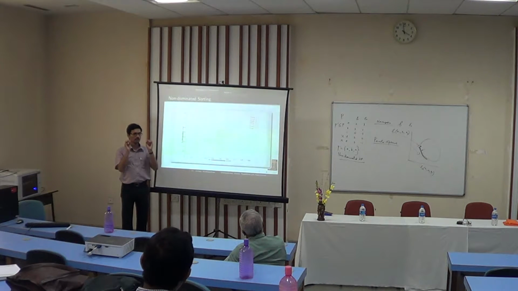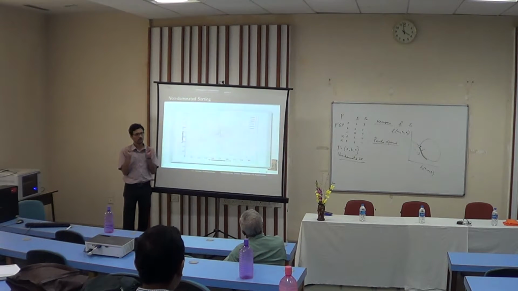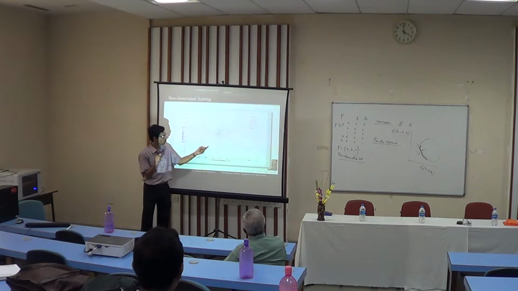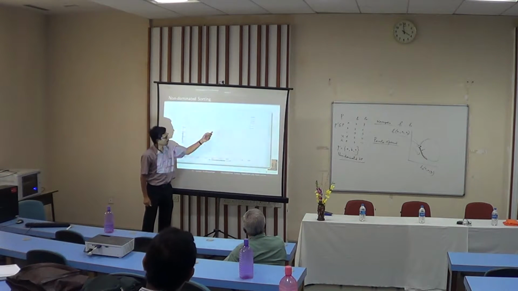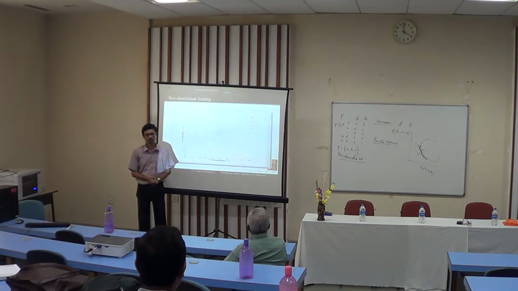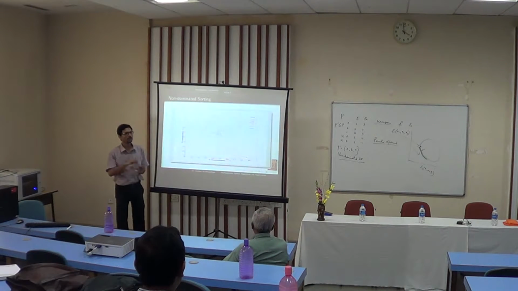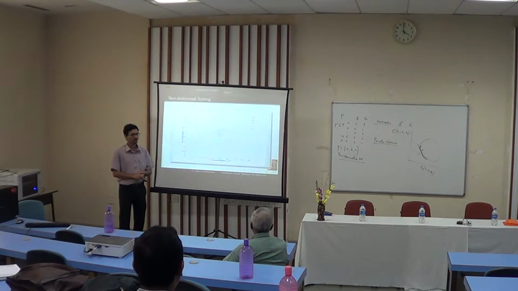These 2 solutions may come from 2 different ranks, 2 different classes. Suppose one solution comes from rank 2, another from rank 4. Which solution will be preferred and put in the mating pool? Obviously the rank 2 solution. So there is no problem when these 2 random solutions come from 2 different ranks.